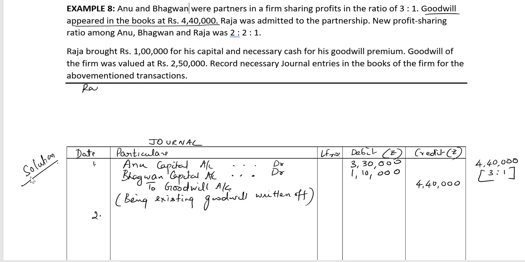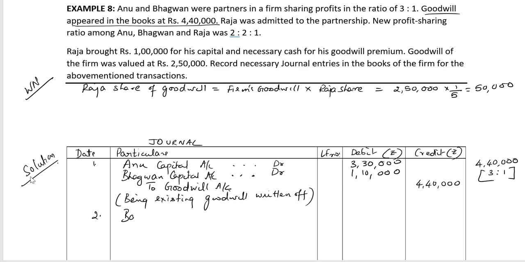So Raja's working note, Raja's share of goodwill is equal to the firm's goodwill multiplied by Raja's share, which in this case is rupees 2,50,000 into 1 divided by 5, which comes up to rupees 50,000.